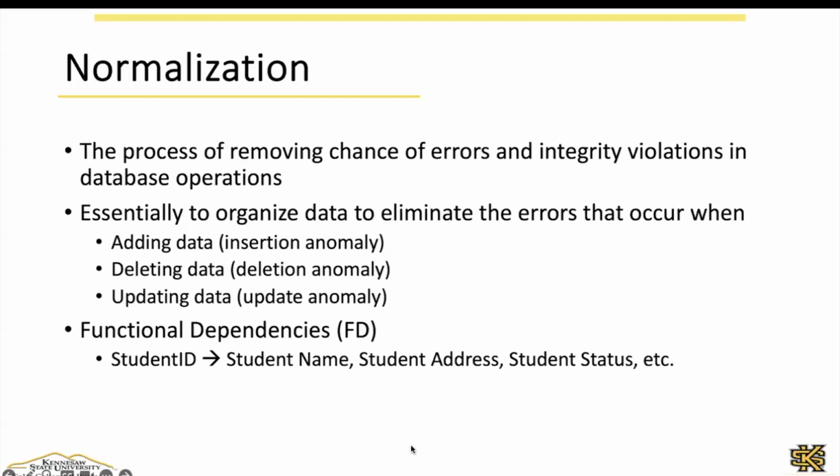To reduce the chance of integrity violations or to completely eliminate them, we need to go through a process called normalization. Normalization essentially reorganizes your data and database schema in a structured way that eliminates the chances for common errors, such as insertion anomalies, deletion anomalies, and update anomalies.